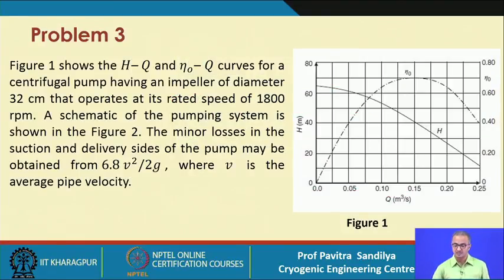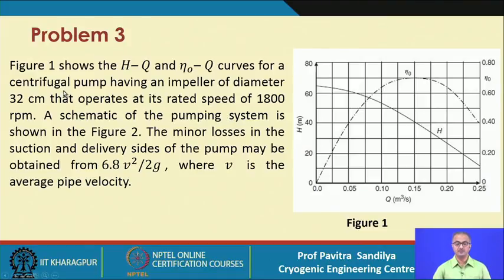In the next question, we have been given this performance curve, and this is the H versus Q and the eta naught versus Q, that is the head versus capacity, and the overall efficiency versus capacity. On this x axis we are plotting the capacity, on this axis the head, and on this axis the overall efficiency.